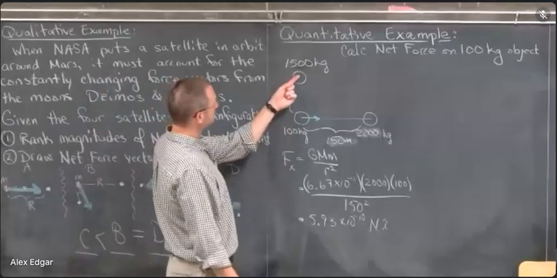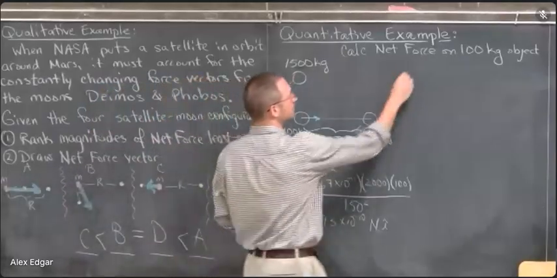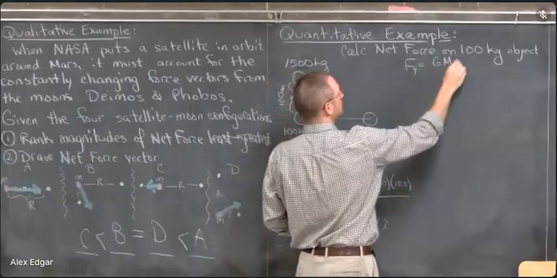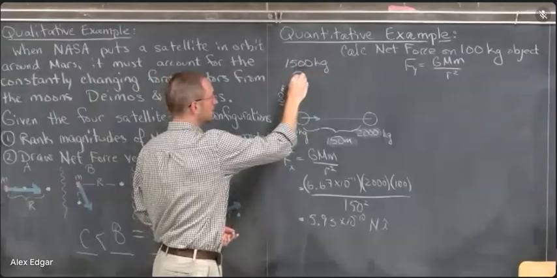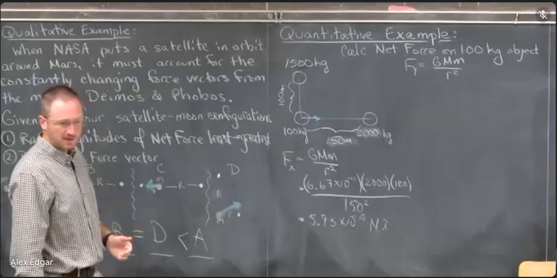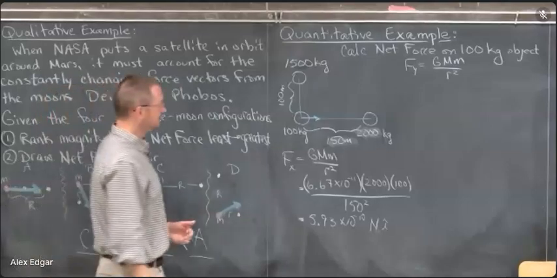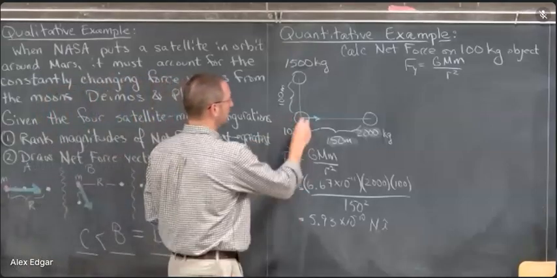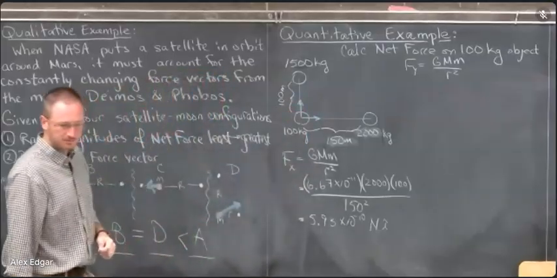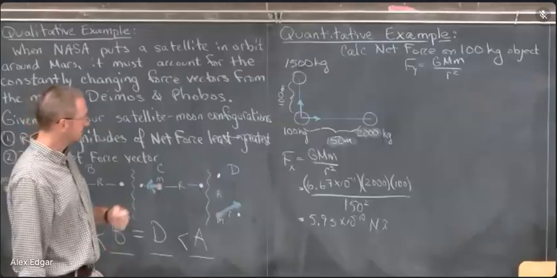In the y direction, now looking at the 1,500 kilogram object, again, the force is going to be attractive between those two objects, and the net force on this guy is going to be upward along the line that connects their two centers.